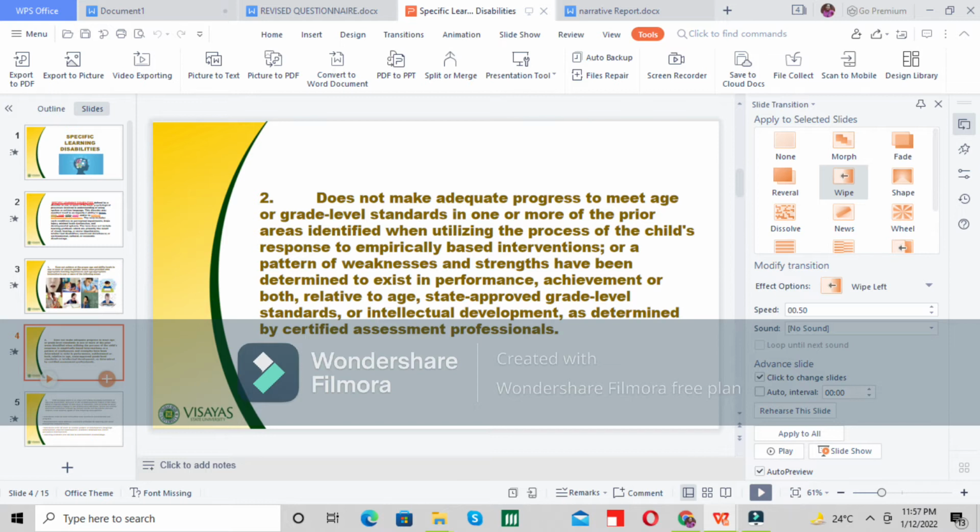When utilizing the process of child's response to empirically based interventions, or a pattern of weakness and strengths have been determined to exist in performance, achievement, or both relative to age, state approved grade level standards, or intellectual development as determined by certified assessment professionals.